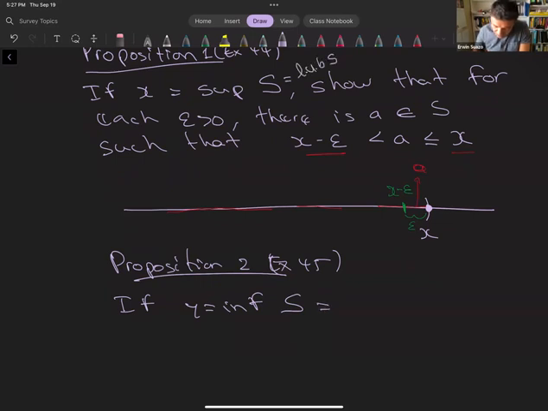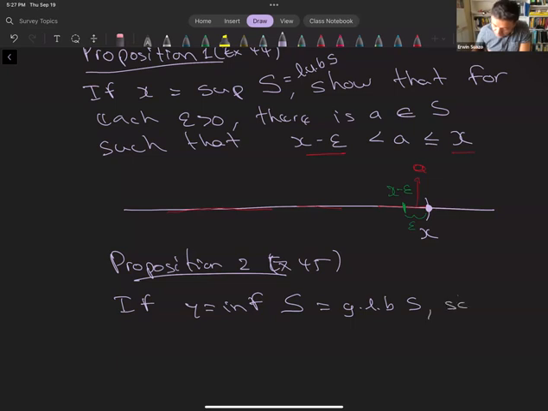And the inf is the greatest lower bound of S. Okay, so I like it better inf and sup.